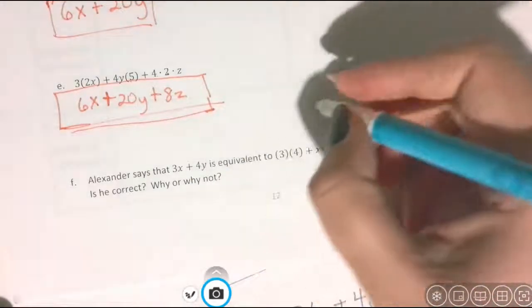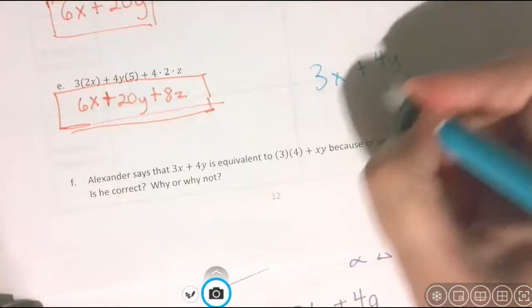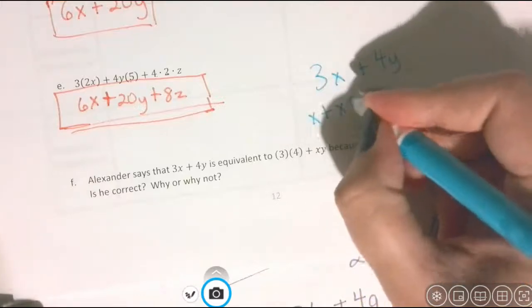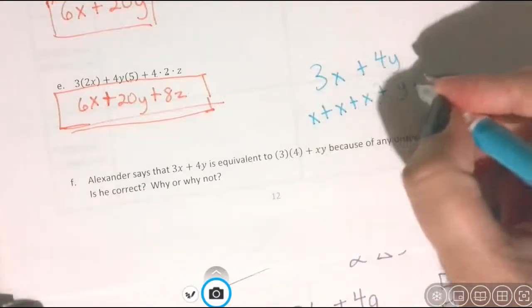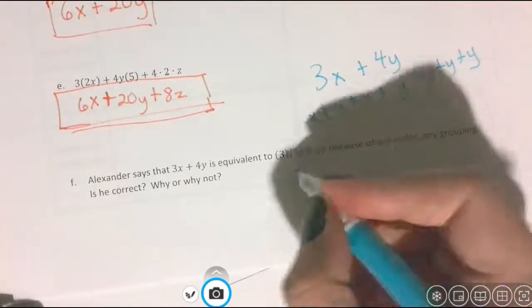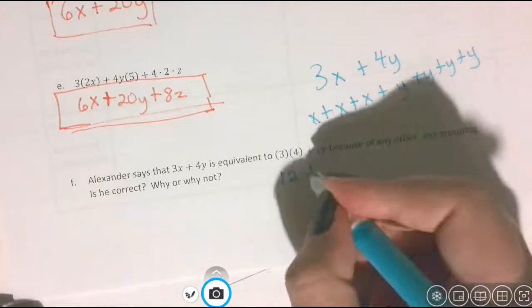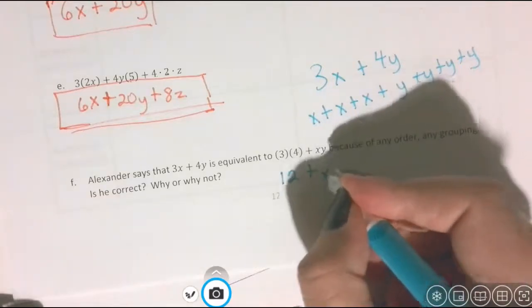So 3x, I'm going to write it here a little bit. 3x plus 4y. That would be x plus x plus x plus 4 y's. Okay. This, 3 times 4 is 12 plus x times y.